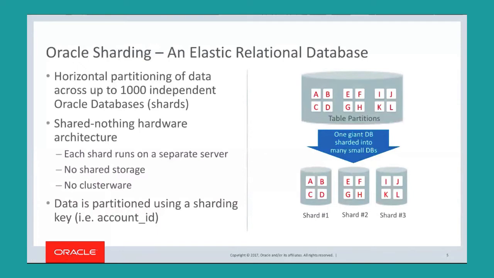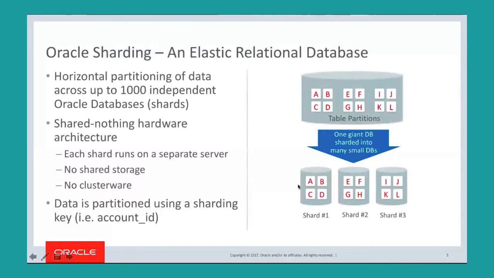When you shard the database, what you're essentially doing is distributing these partitions across a pool of databases. In this example, partitions A, B, C, D are on shard 1, E, F, G, H on shard 2, and so on and so forth. Of course they're replicated for high availability, but I'm not showing that aspect in this picture.